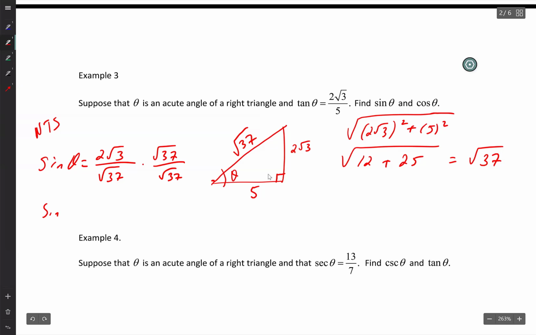So sine theta equals 2 square root of 111 over 37, since 37 times 3 is 111, and nothing factors out of the square root of 111. So there it is, that's sine. Does everyone understand how I got that, guys?